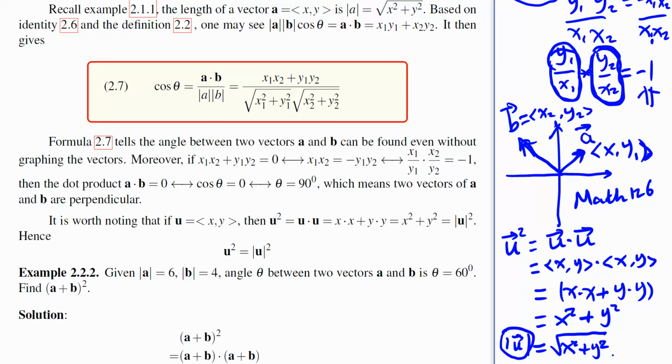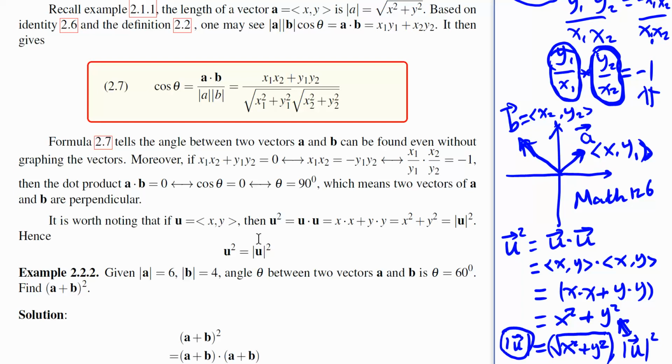If you then square this magnitude, you will get those two equal. So that's why we say those two are equal.